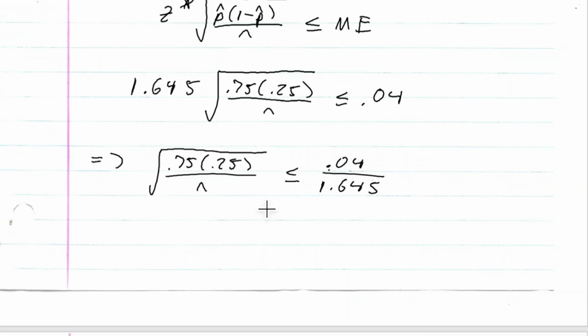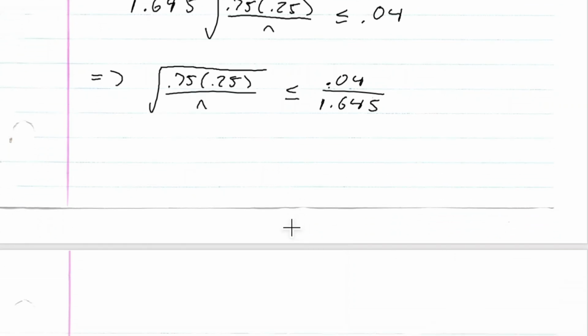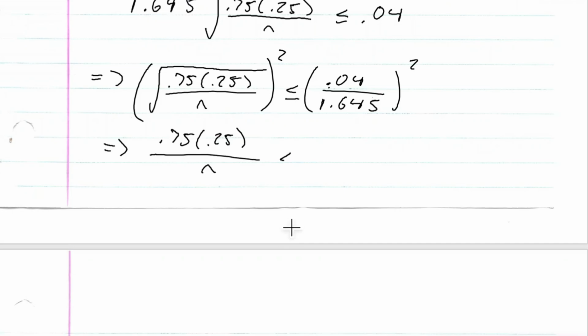And now to get rid of this radical, we need to square both sides. Since n is positive, because n represents the number of people in the sample, this square root is only going to be taking the positive values. So this is going to be 0.75 times 0.25 over n is less than or equal to 0.04 squared over 1.645 squared.